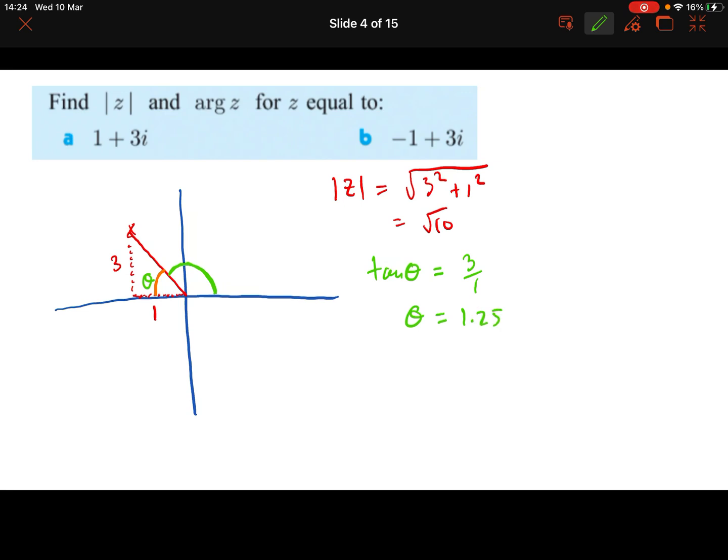So the argument of z is actually going to be pi minus that angle. So use a calculator, pi minus the answer gives me 1.89 radians to 3 significant figures.